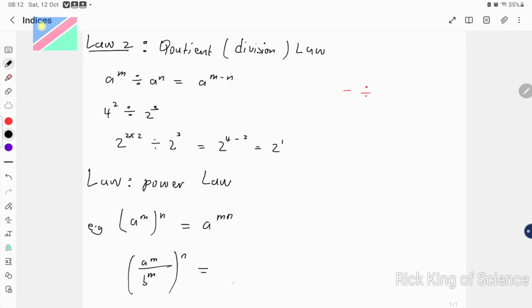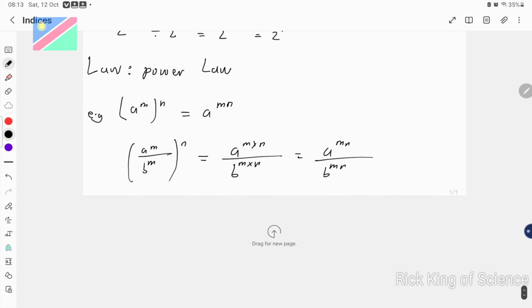In this case, the answer is a power m times n over b power m times n, because the bracket includes everything. So the answer will be a power mn over b power mn. That's our answer.